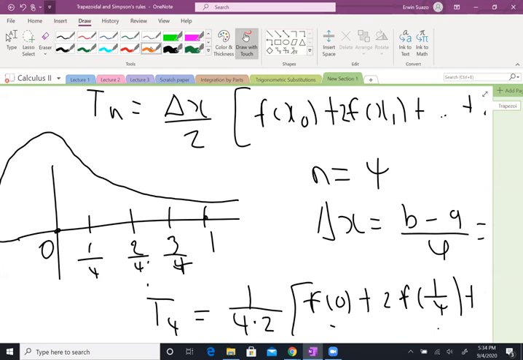Here, the middle point is 1/8. This guy is 2/8, this guy is 3/8, this is 4/8, this guy is 5/8, this is 6/8, and this is 7/8.